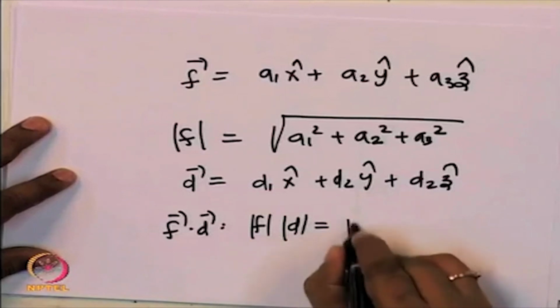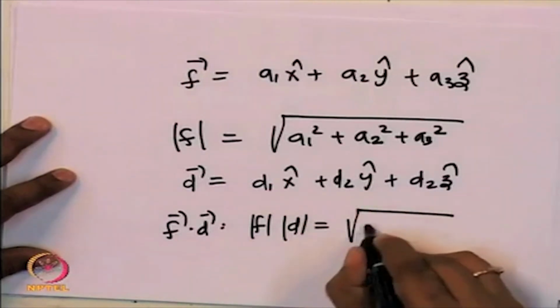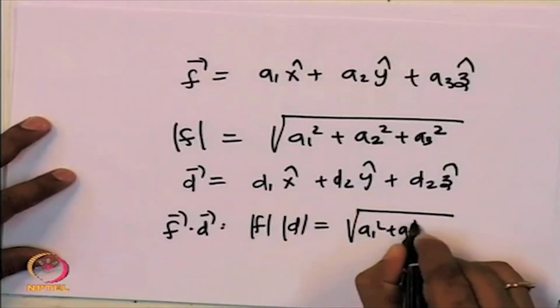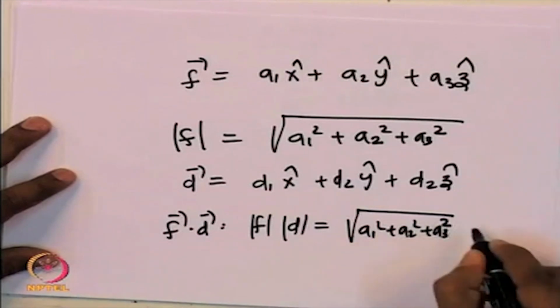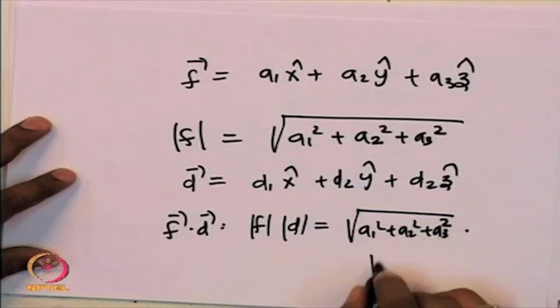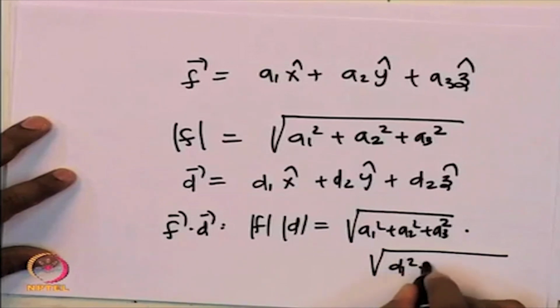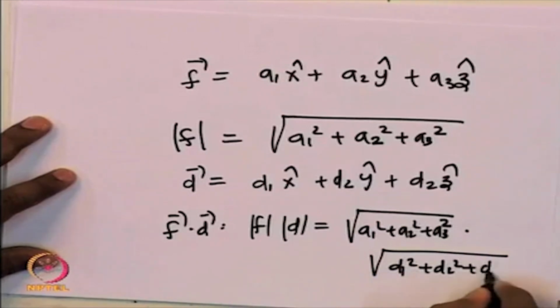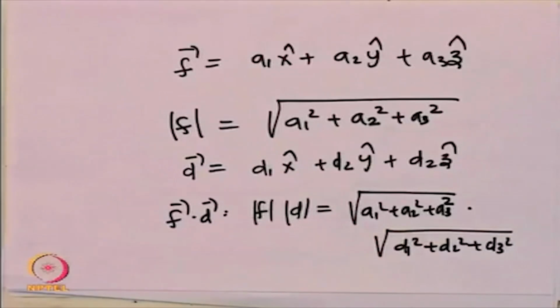So this is root of a 1 square plus a 2 square plus a 3 square into root of d 1 square plus d 2 square plus d 3 square. This is how you find the work, the scalar product. Now, if there is an angle, you have to take the angle into account, so you will get f d cos theta.